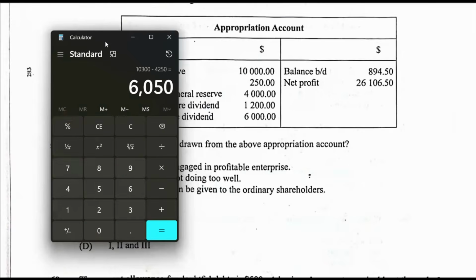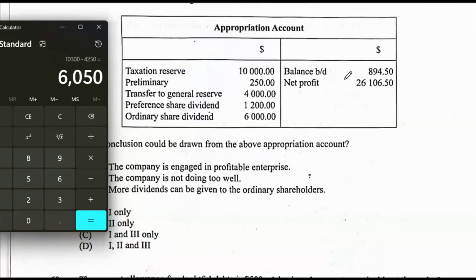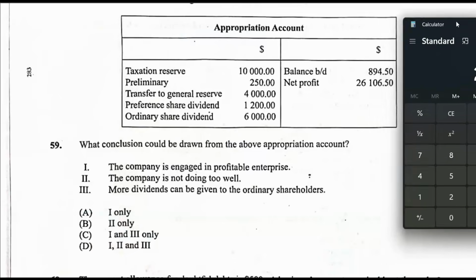Let's see. I mean, we could actually look at the income and see that they're making close to 27,000, right? We've seen that. But how much money are they actually putting aside? 10,000 plus 250 plus 4,000 plus 1,200 plus 6,000. They actually put aside 21,450 and they're making close to 27,000. Now, this means that they are in a profitable business.